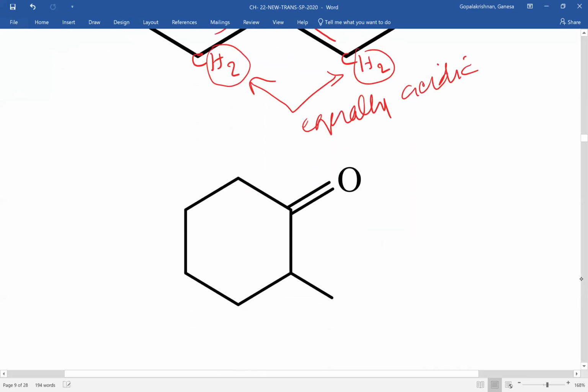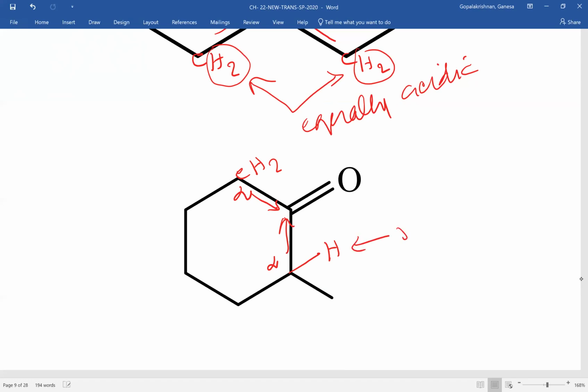Look at this example. It has two alpha carbons. This one has only one hydrogen. This has two hydrogens. Same inductive effect on both sides. But this will be more acidic because it has fewer hydrogens.